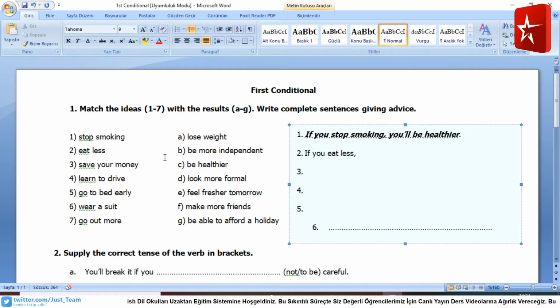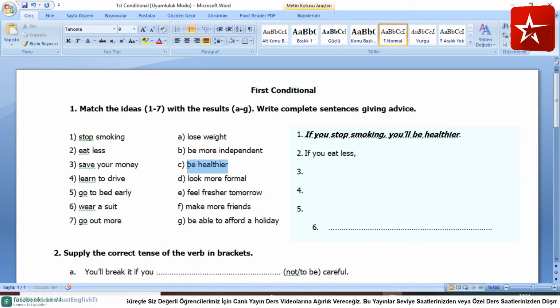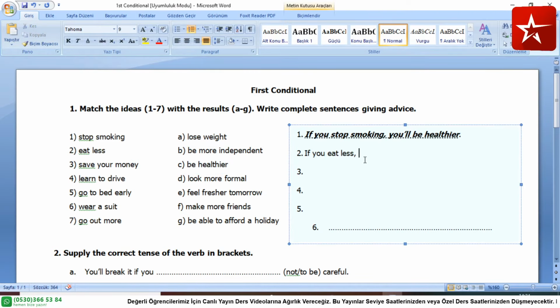Great, but we have already used healthier, so for number 2 we should use a different one: lose weight. Yes, if you eat less, we should use subject and will lose weight. Great, this one is good.